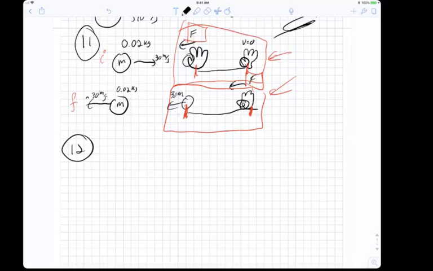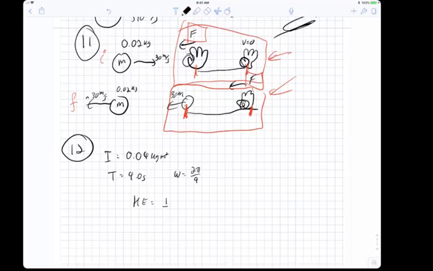Question 12. A turntable in a microwave oven has a moment of inertia of 0.04 kilogram meters squared. And it's rotating once every 4 seconds. So its angular velocity is 2 pi over 4. Cool. What's the kinetic energy?